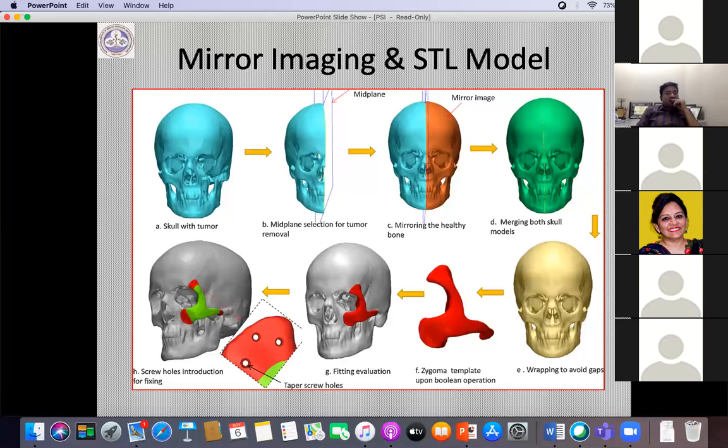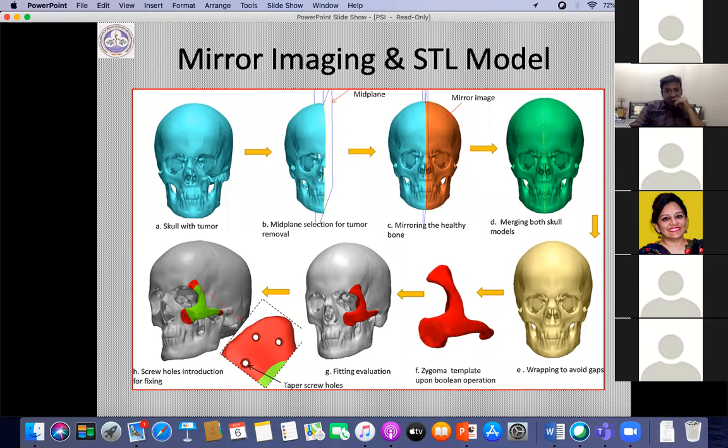While going up to the screw area, the PSI has to thin down, right? It can't have that kind of thickness the way it has in the body in the context of the zygoma. So where we would like to have thinning of the PSI, where we would like to have holes for the screws, and where we would like to have the bulk of the body, all these things can be planned on the computer.